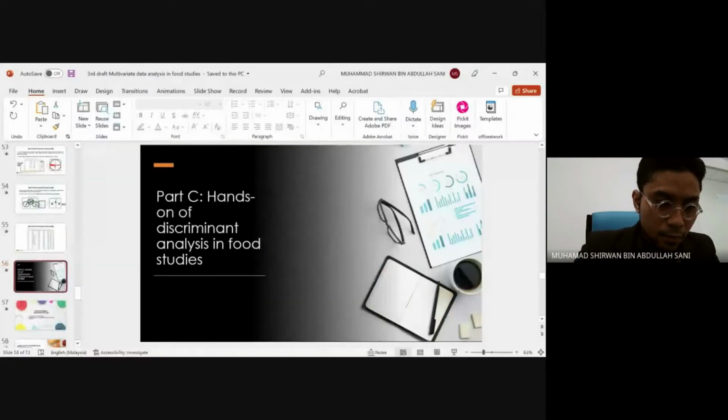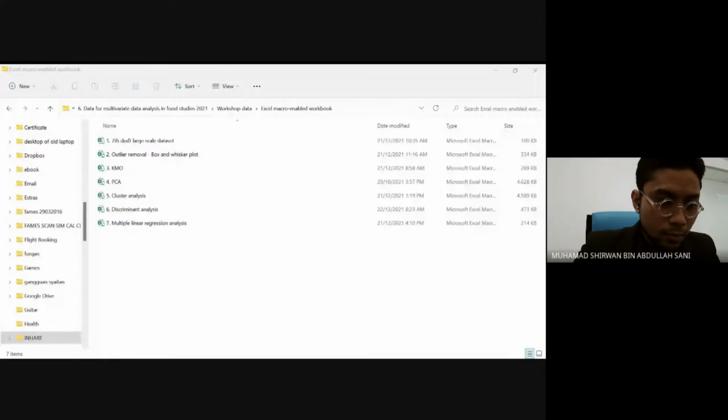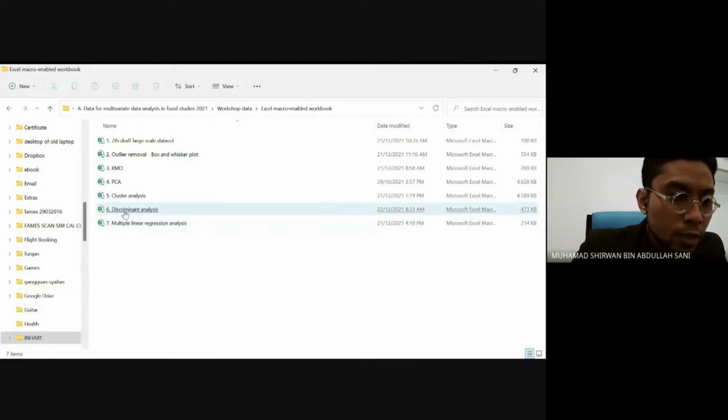Let me show first. Let us go to the folder where we keep our data. For today, the discriminant analysis hands-on, we go to the discriminant analysis folder, file number 6.